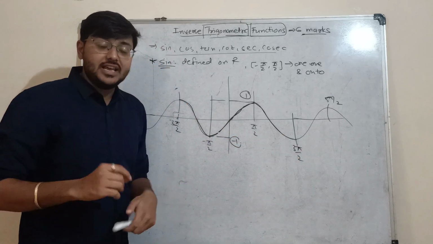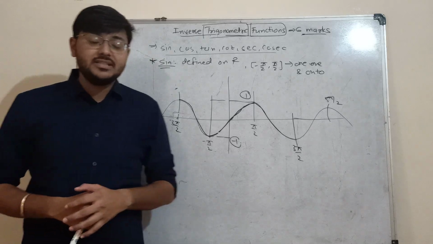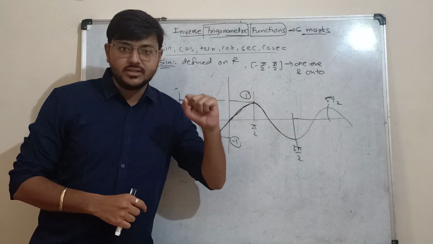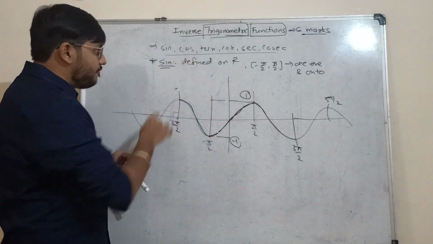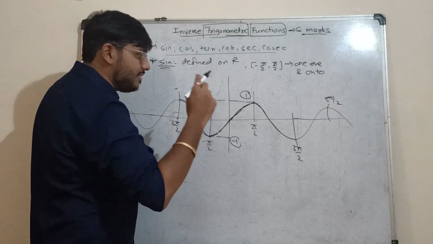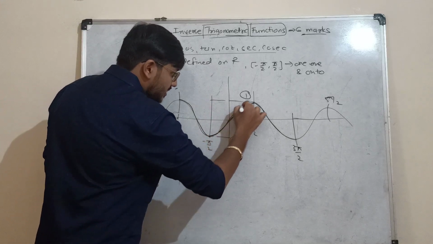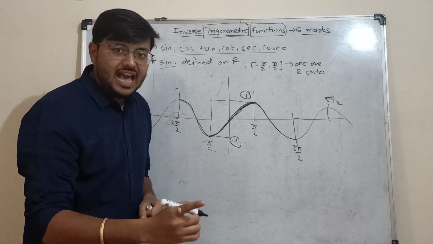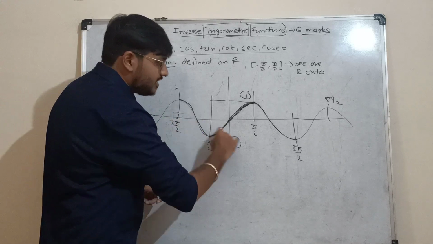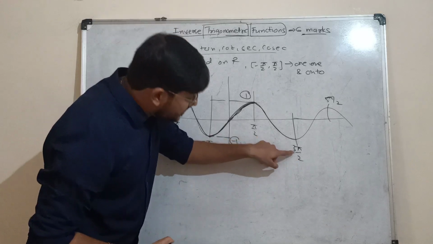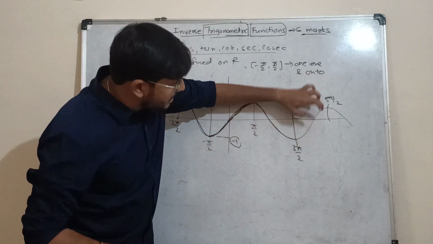But as far as your textbook and our syllabus are concerned, they have decided some idealized intervals. For the sine function, for getting an inverse, the ideal interval, the basic interval we have to focus on, is minus pi by 2 to pi by 2 only. But you cannot deny that the inverse can exist in pi by 2 to 3 pi by 2 also, or from 3 pi by 2 to 5 pi by 2.